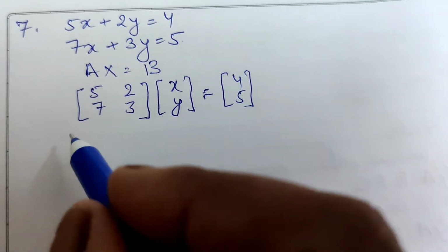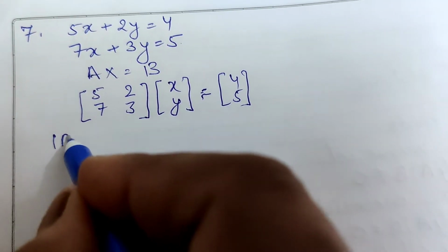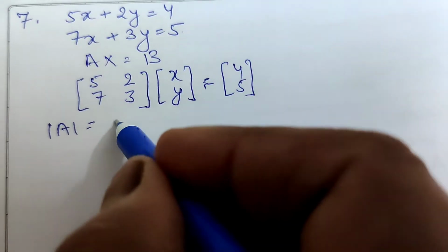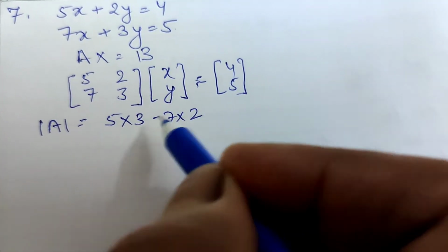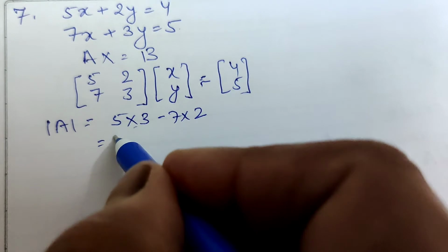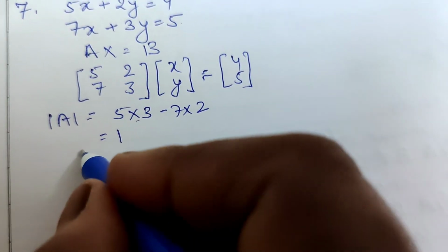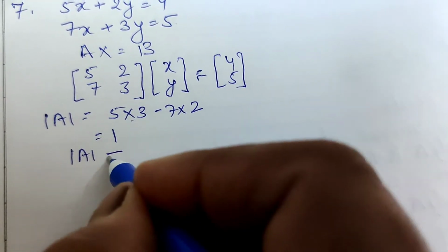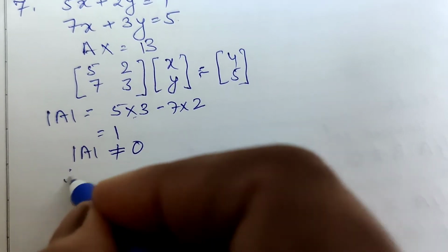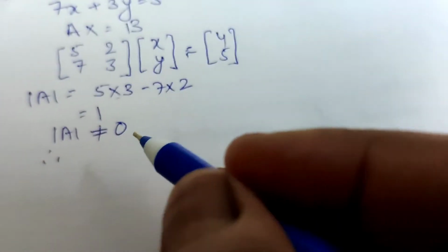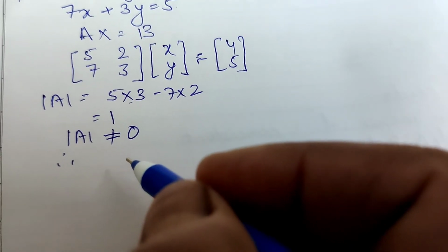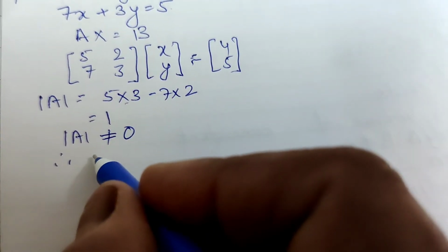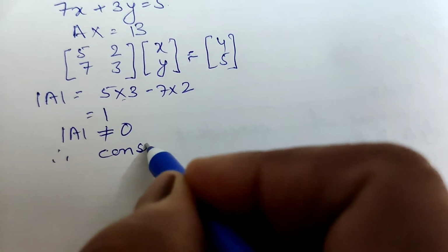Okay. Now first we have to find the determinant of A. It is 5 into 3 minus 7 into 2, 15 minus 14 equal to 1. Determinant A is not equal to 0. Therefore the system is consistent, and it has a unique solution.